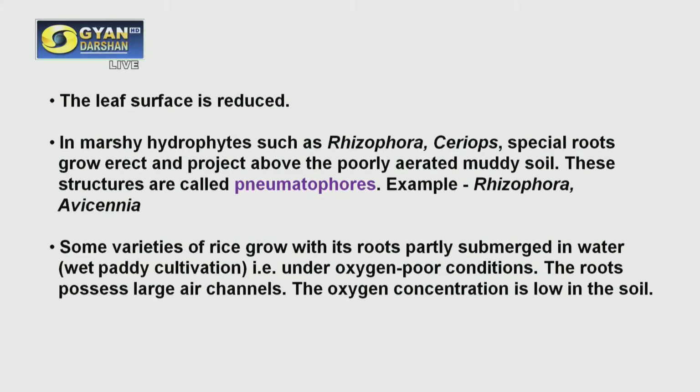We will not call them air cavities, but air channels. What is the purpose of developing these air channels? So that they can circulate and diffuse the oxygen in a better way, because there is a deficiency of oxygen in such soil.